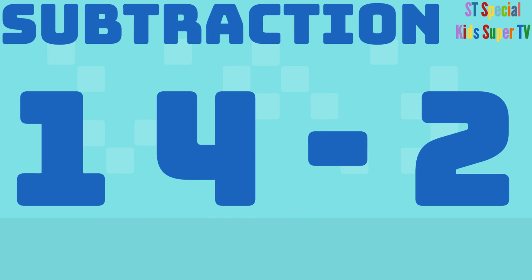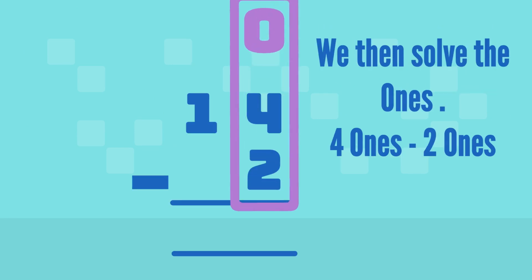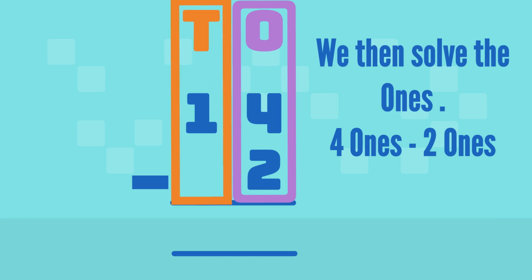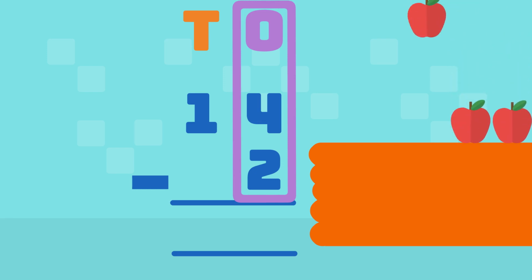Let's now calculate 14 minus 2. We start by identifying the ones and the tens. We then solve the ones. 4 ones minus 2 ones. 1, 2, 3, 4 apples minus 2 apples.